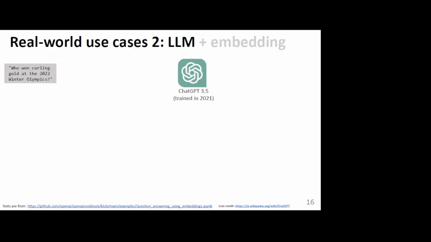The next use case is related to our term project. It's called RAG, retrieval augmented generation. Let me illustrate the general idea. First, suppose we have ChatGPT, which was trained in 2021.